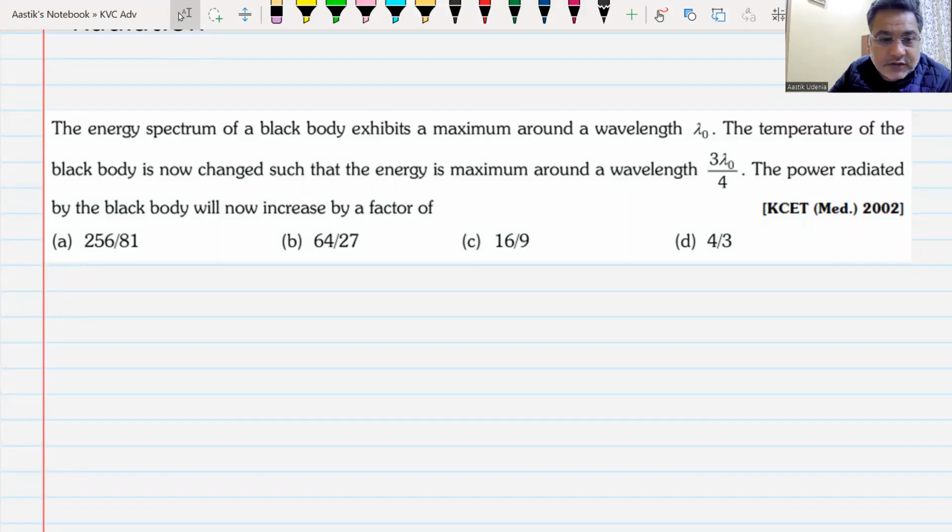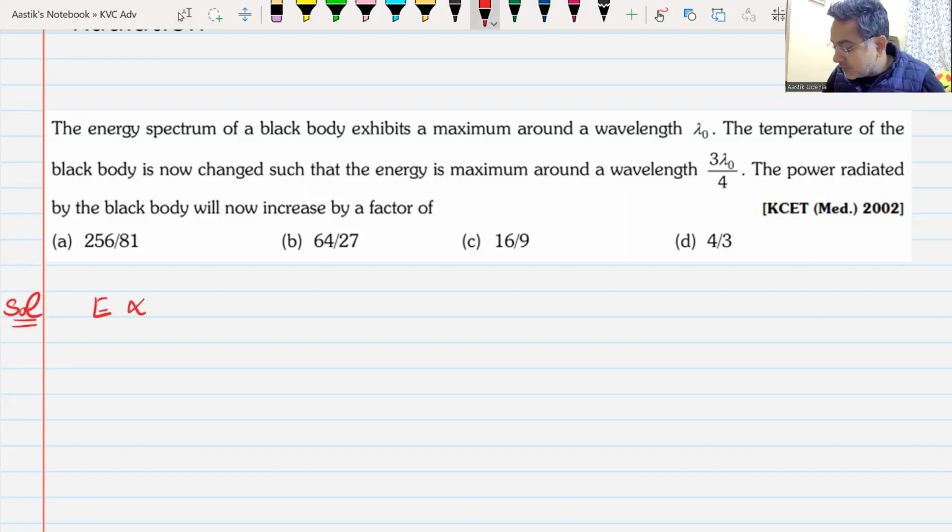Option A. How did you get option A? E is directly proportional to T raised to the power 4, and lambda maximum into T is constant. Original lambda was lambda naught, and now it has become 3 lambda naught by 4, so the temperature will become 4 by 3 times of T naught.